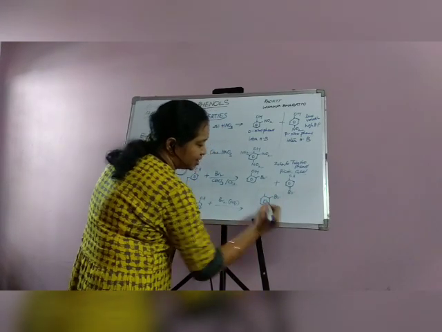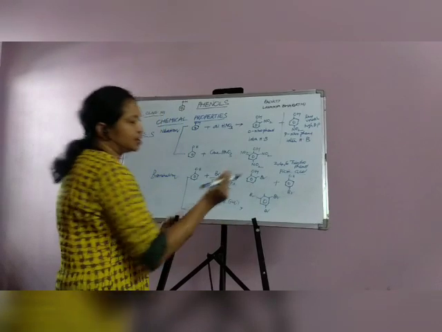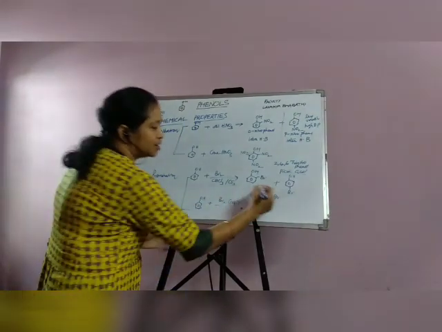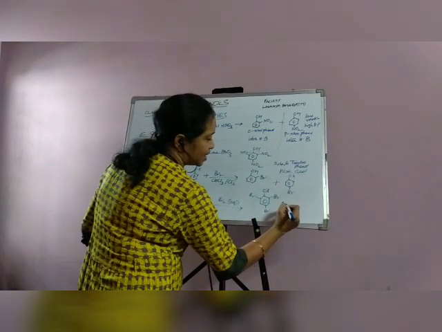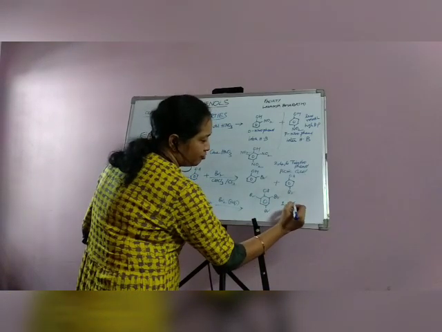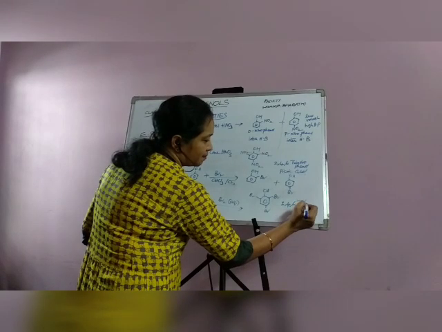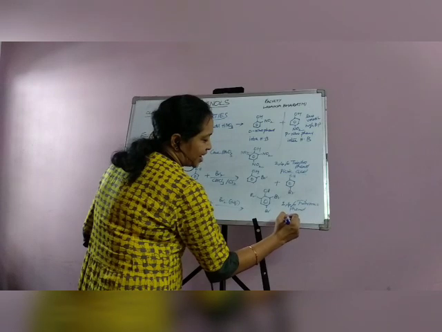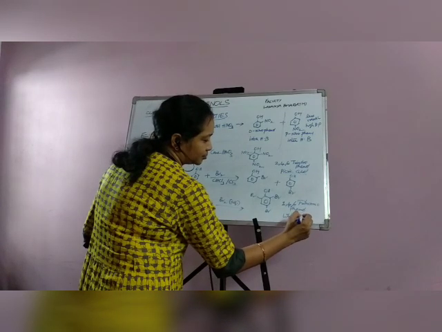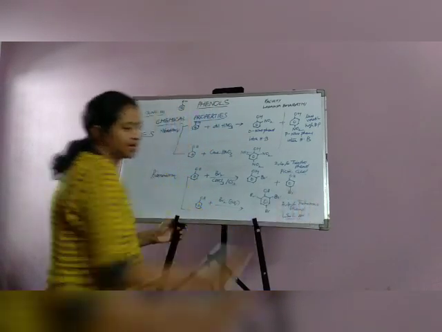Just like the above case, here also you will get 2,4,6-tribromophenol, and here I am writing the IUPAC name, 2,4,6-tribromophenol, and this is a white color precipitate.